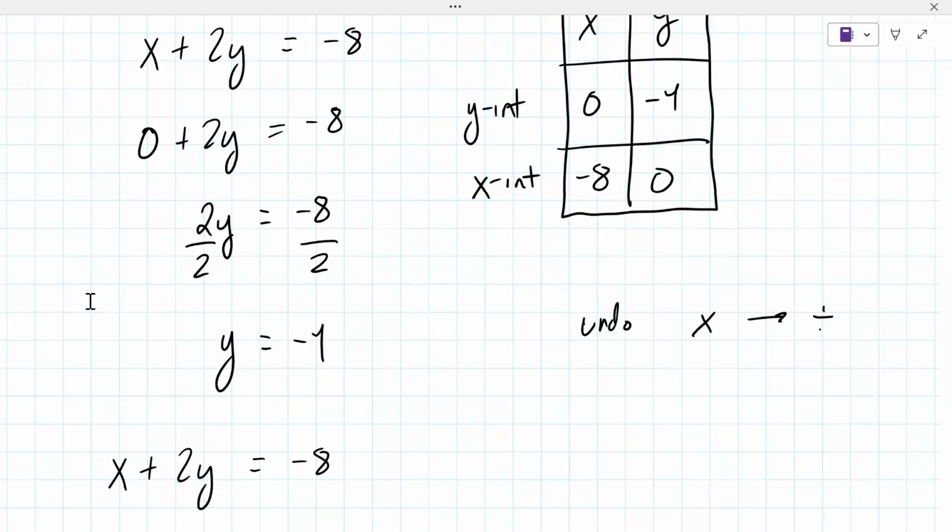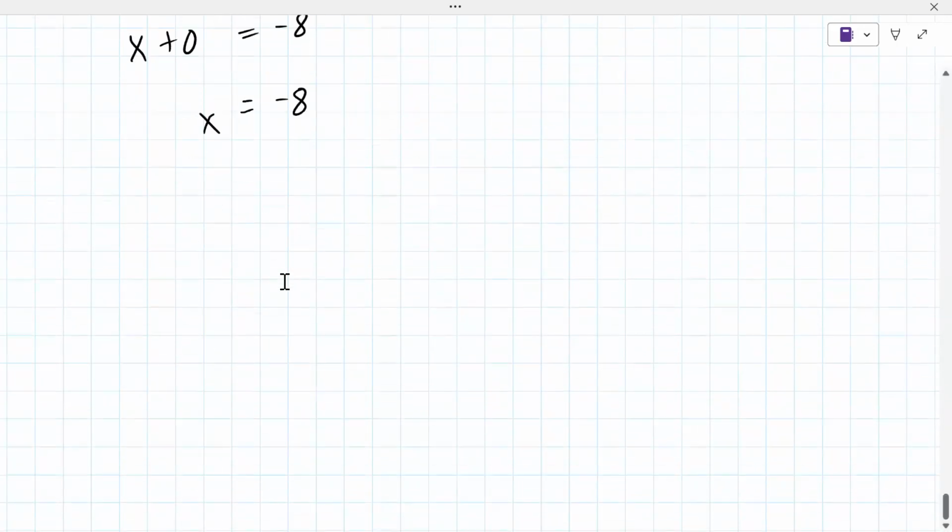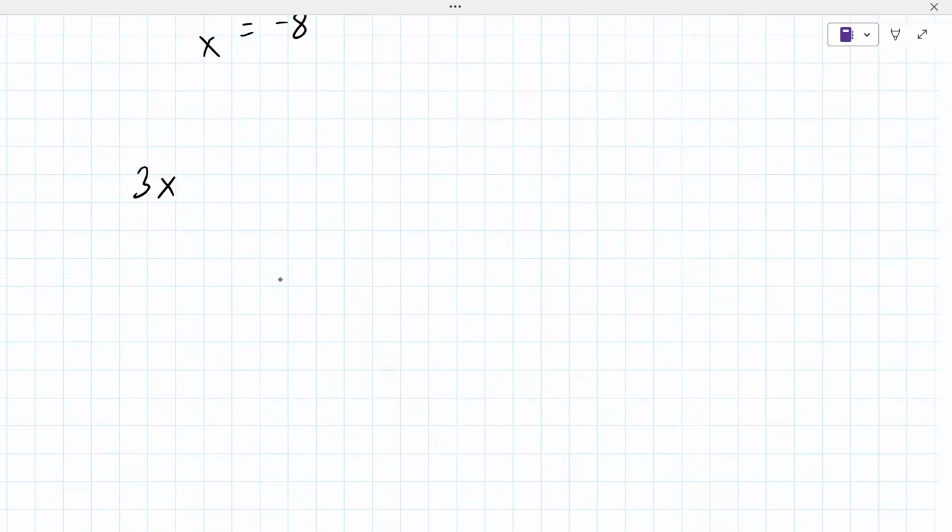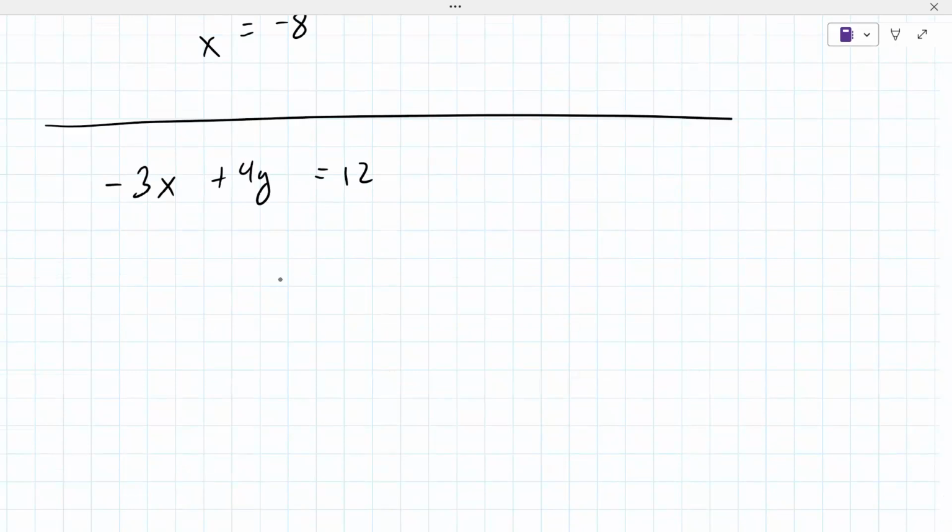Okay, I wrote it down. All right, so let's try a new problem here. Let's say it's -3x plus 4y equals 12. And again, I want you to find the x-intercept and the y-intercept.